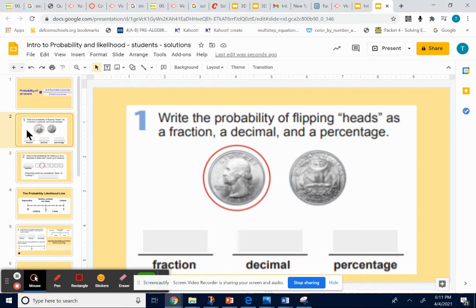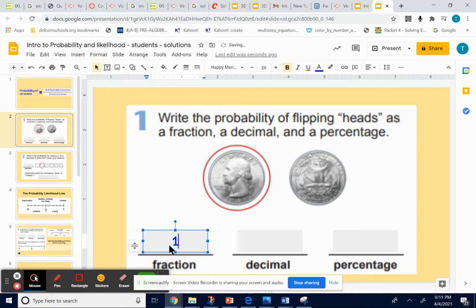Okay, here's an example. What's the probability of flipping heads if you flip a coin? Think of favorable outcomes over total outcomes. We're going to write these as a fraction, a decimal, and a percentage. So the fraction: there's only one heads out of two possibilities, heads and tails.